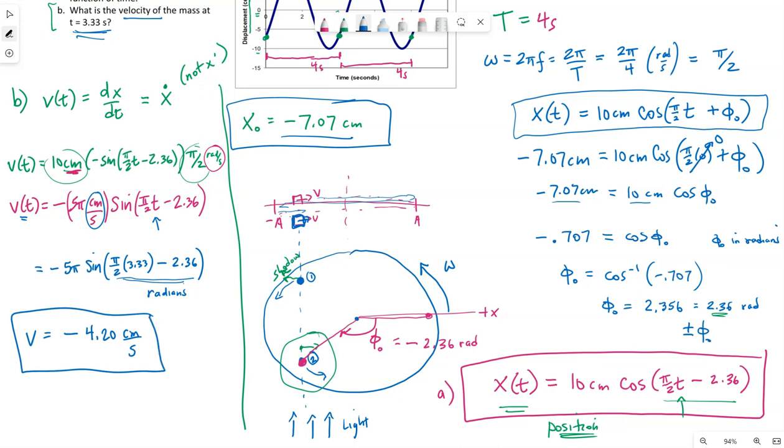This is the velocity at that specific moment in time. The negative sign means the mass is moving in the negative direction. So if it is moving on a horizontal surface like this, it's moving to the left. And it's moving at a speed of 4.2 centimeters per second at that moment. That's what that means.